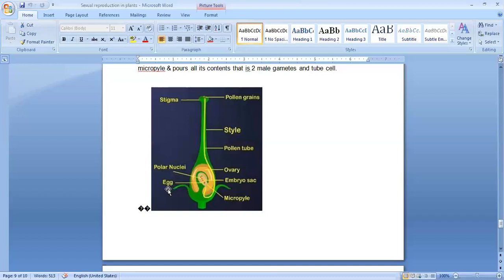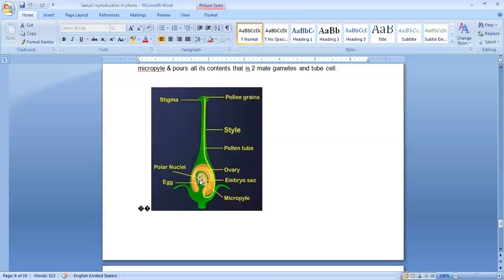The fusion of egg and male nucleus results in the formation of the zygote, which forms the embryo. The fusion of the 2 polar nuclei and the male nucleus results in the formation of endosperm.